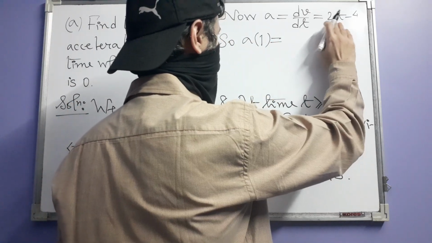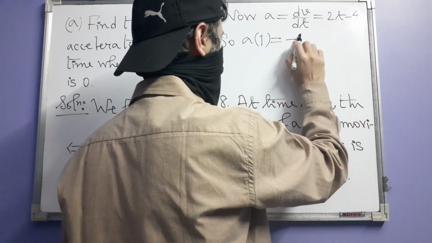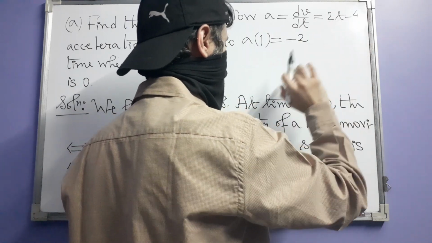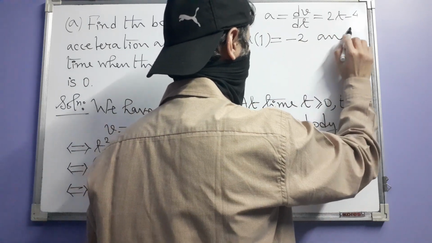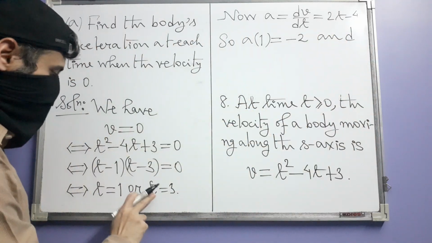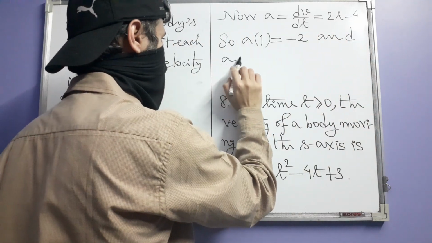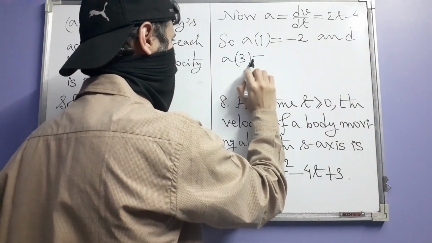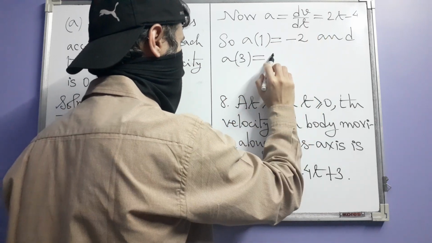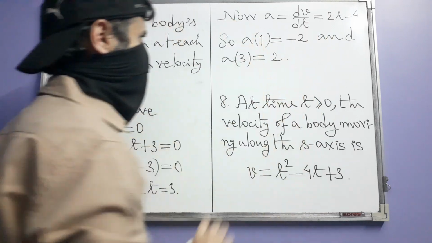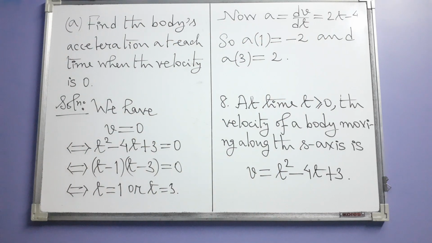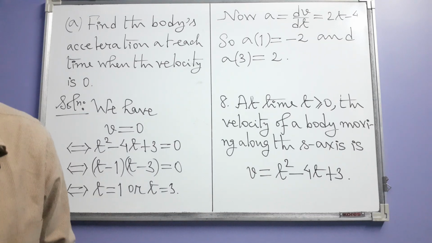This will be 2 minus 4, that is minus 2 in whatever units, and a of 3: 3 times 2 is 6, 6 minus 4 is 2. So that is part A. Next, part B.